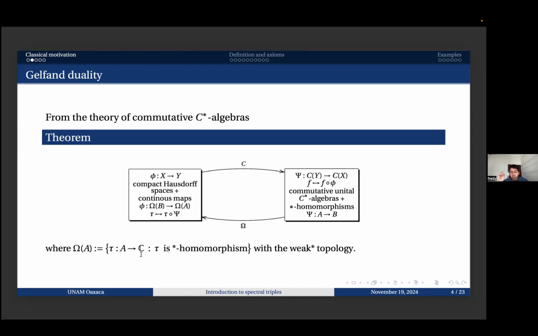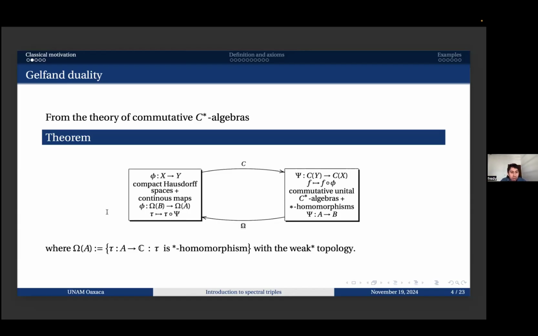So, for example, homeomorphisms of topological spaces correspond to star isomorphisms of C-star algebras, and open sets correspond to closed ideals in the C-star algebra, and so on.